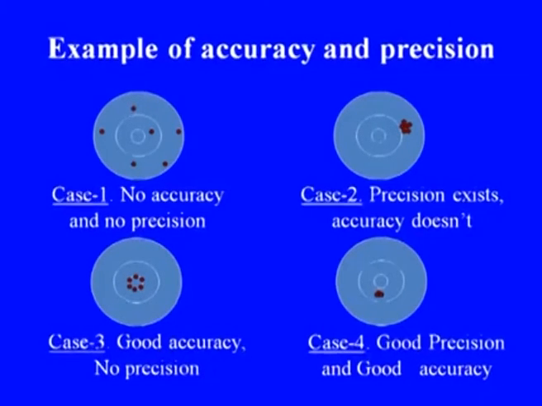Here we can term this as having good accuracy, but without any precision. On the other hand, the fourth case represents a case where good precision and good accuracy both exist. In this case, bullets are being fired very near to the target and all shots are concentrated very near.